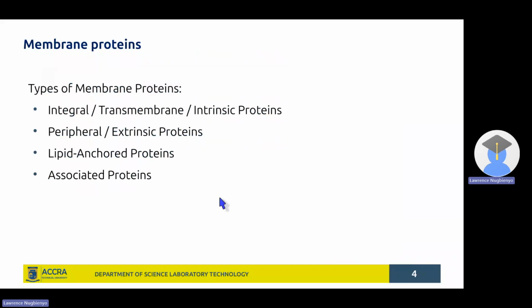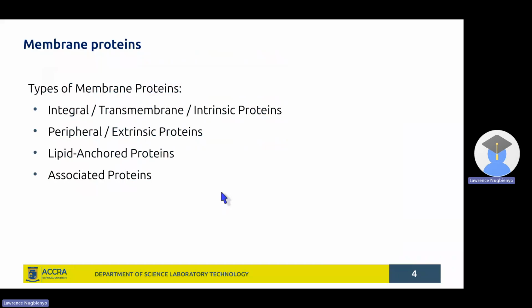Now, if you look at that fluid mosaic, you will realize that we did talk much about the structure and functions of lipids already, even from last semester when we were looking at intermediary metabolism 1.